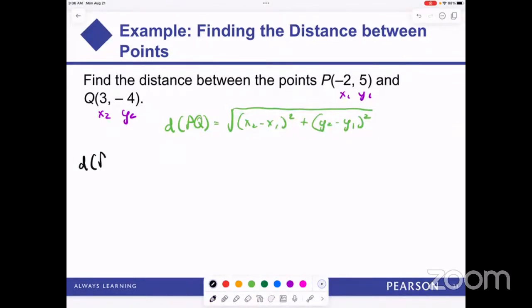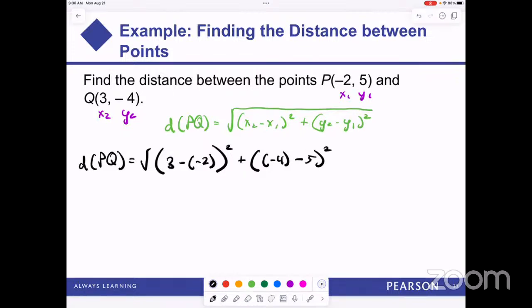So if we're finding the distance between P and Q, it's going to be the square root of, now our x2 is 3 minus our x1 is -2. Notice my use of parentheses. Squared plus my y2 is -4 minus y1 is 5, squared. All I did was substitute the corresponding components from the ordered pairs into the formula, right?